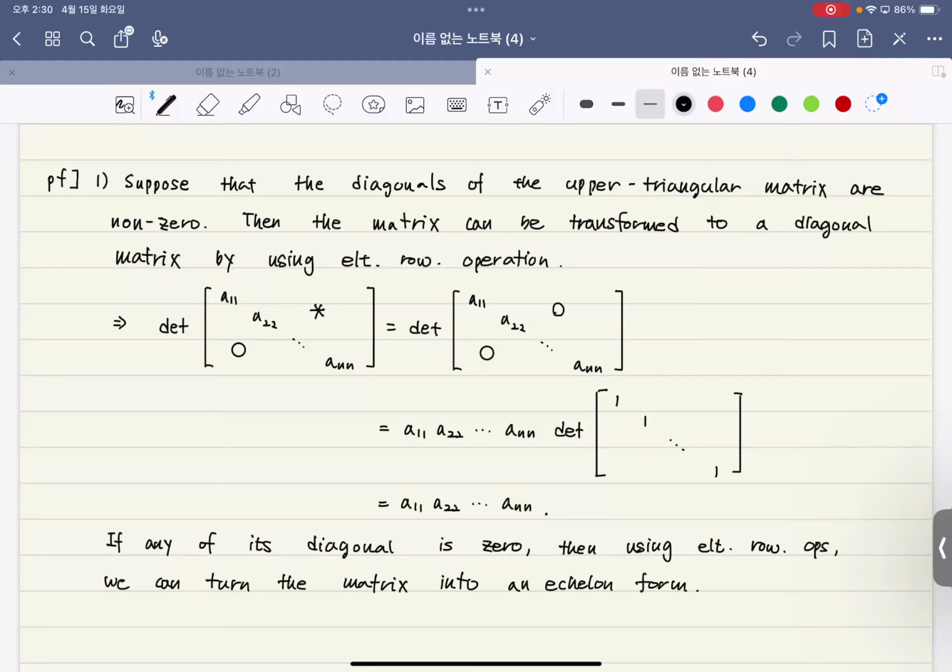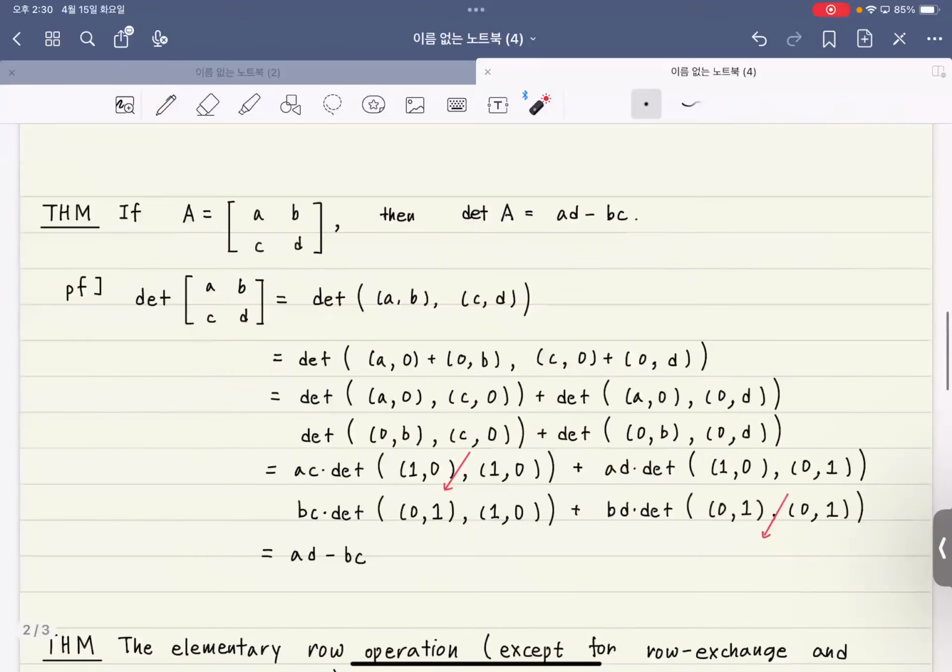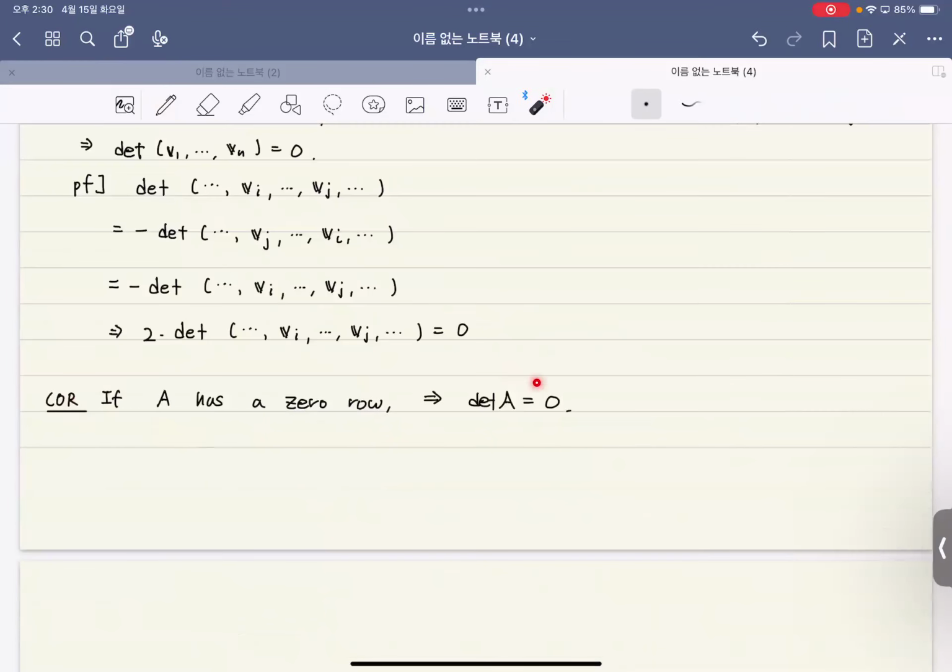And in this case, my diagonal contains at least one 0 entry. Then what do you think is the echelon form of that matrix? The echelon form must contain at least one 0 row, right? And if your matrix contains a 0 row, then because of this corollary, the determinant of that matrix must be 0, right?